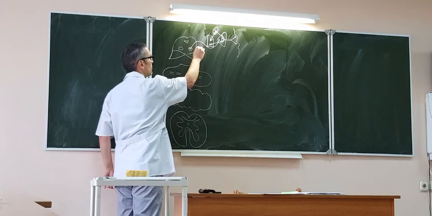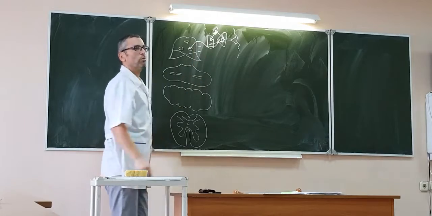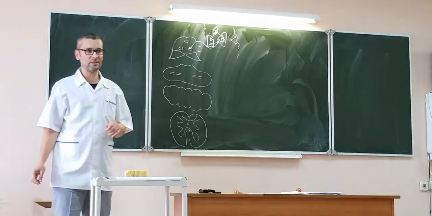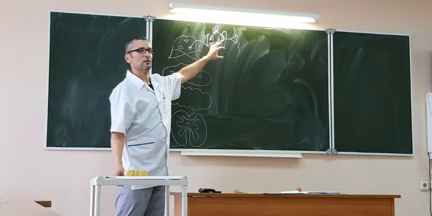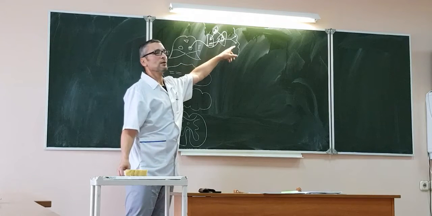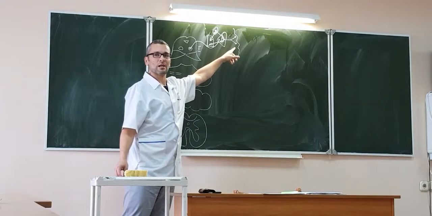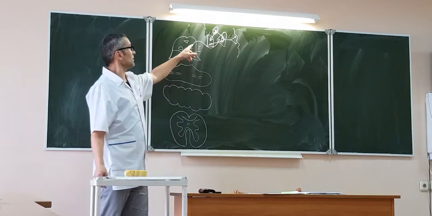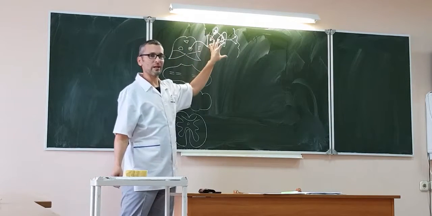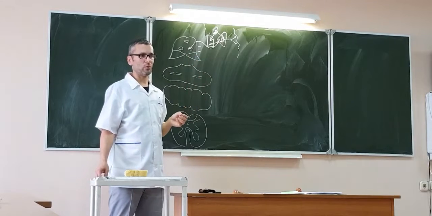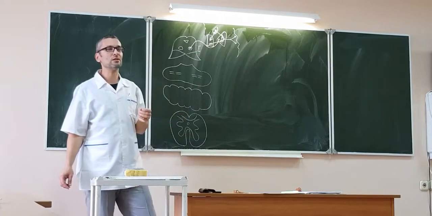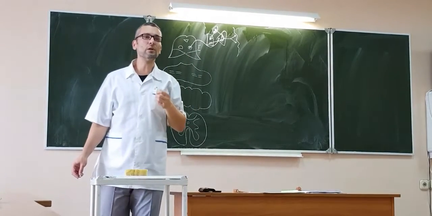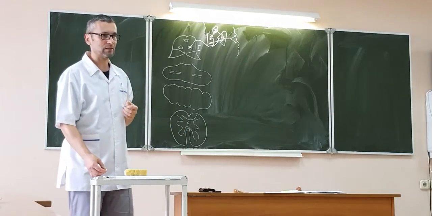And now nucleus ruber is the body of the first neuron for this tract, not this one. Because which tract starts from this? Tractus corticospinalis, the pyramidal tract. But what is the function of these two-way connections? The function is to stimulate, to activate the extrapyramidal system.